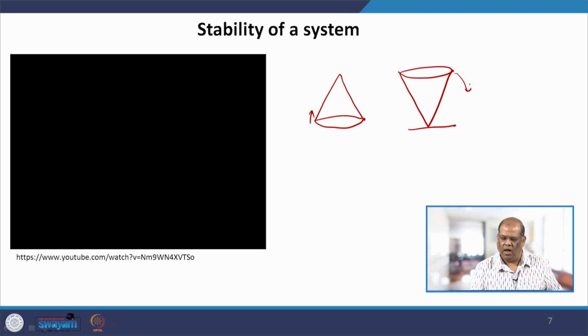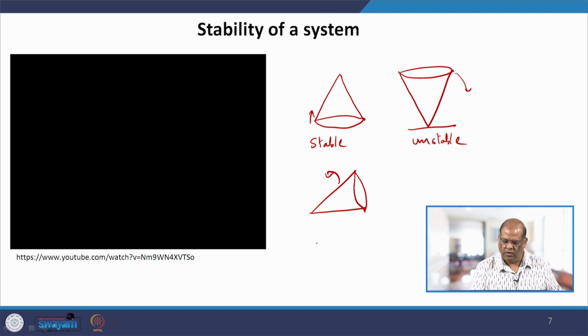So, this is an unstable equilibrium, and that is a stable equilibrium. And the neutral one is, you consider the cone like this. If you just roll it, it will move to another position somewhere here, but it is still in the same state, just in a different place. So, this is called neutral stability.